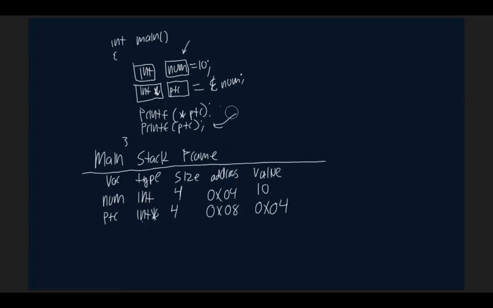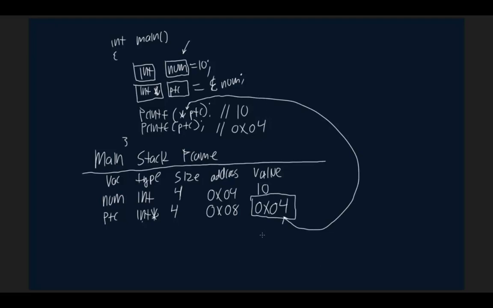The output of this program is going to be 10 for this print, and it's going to be 0x04 for this print. And here's why. When you dereference a pointer using this syntax, what it's going to do is it's going to look up the value of the pointer, right? That's the first step.